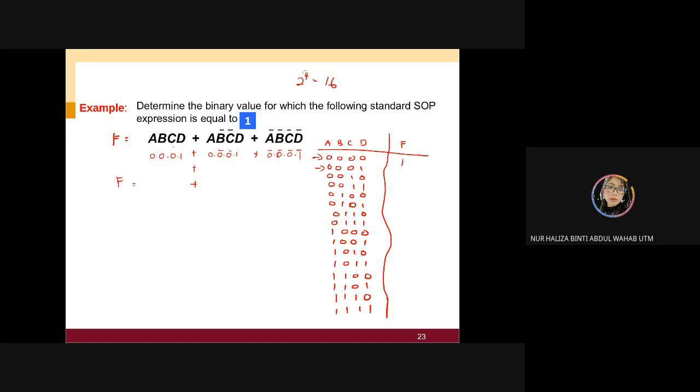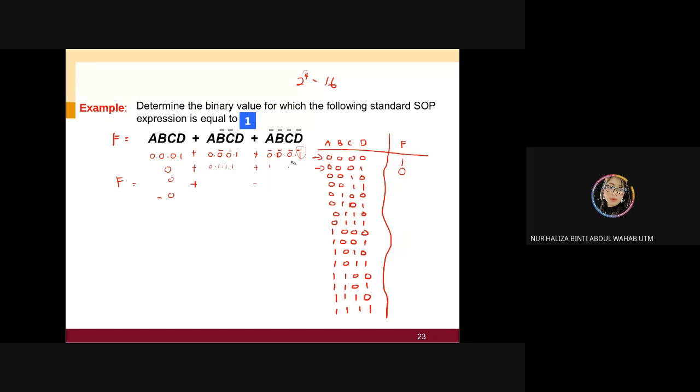So here what I get, 0 plus 0 plus 0, I will get 0. Here we'll be getting a 0.